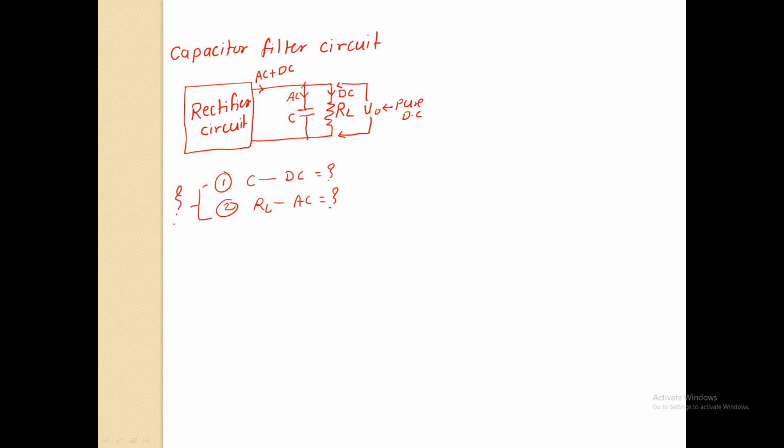मग त्याच्यासाठी ऑलरेडी याची थिअरी आपण प्रिव्हियस टॉपिक मध्ये डिस्कस केली. ती कोणती थिअरी आहे? As you know, a capacitor offers opposition to the current, and that opposition we call XC, which is equal to 1/(2πfC).